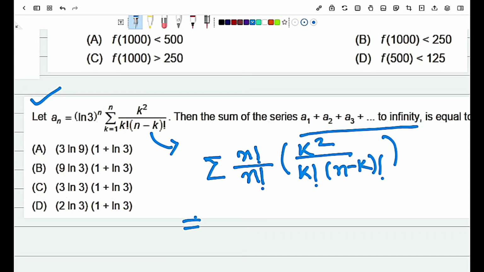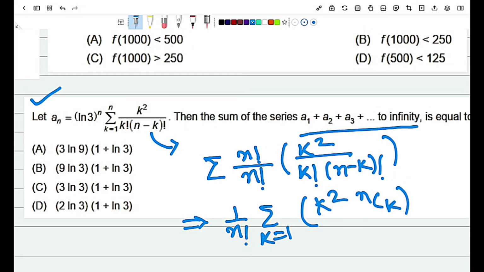So what this results into is 1 by n factorial times the summation of k squared into nCk. Now you all can understand that if we find the value of this one, it will be very easy to solve the problem, so that is our first and foremost priority.